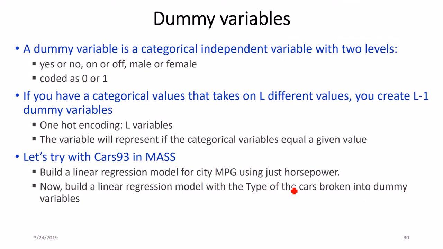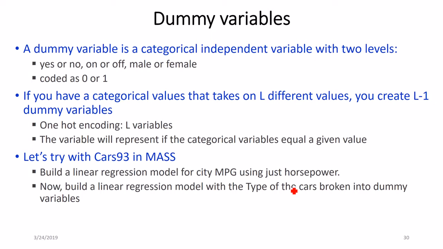In order for regression to work, we need to convert categorical variables into dummy variables. A dummy variable is basically a categorical variable with two levels: yes, no, on, off, male, female, and usually coded as 0 or 1.